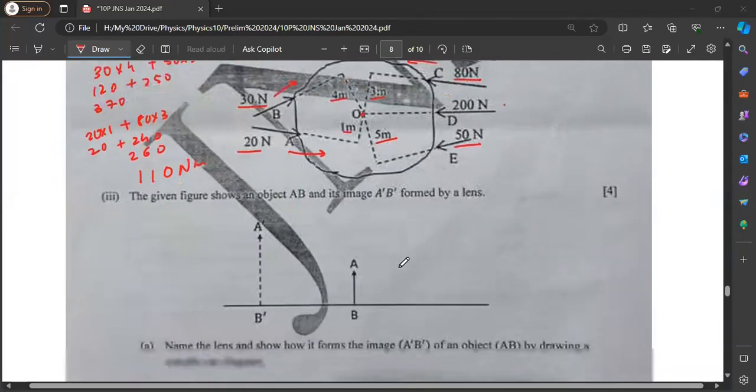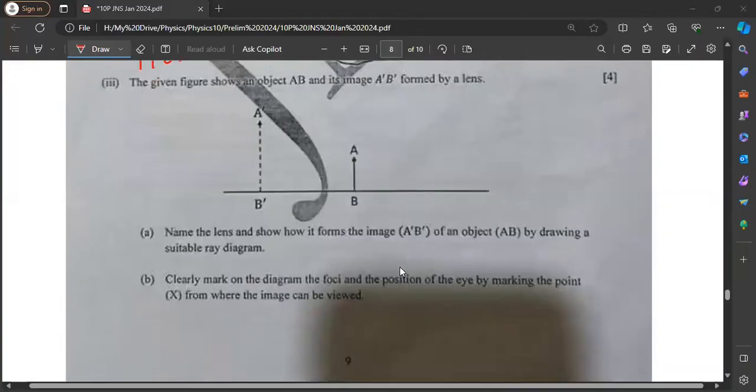Fine. Now moving ahead, a figure given below shows an object AB, and this is an image. So obviously it's a virtual magnified image. So name the lens, convex lens. Show how it is forming the image, A dash, B dash. So when you join this, that is the position you are going to get a lens. Okay, so remember this is dotted.